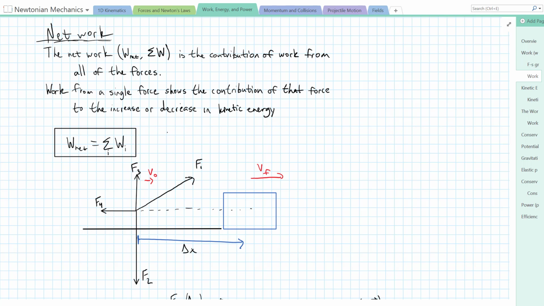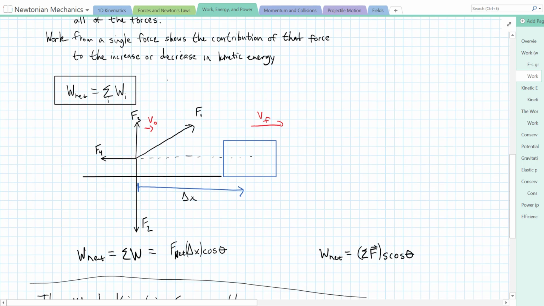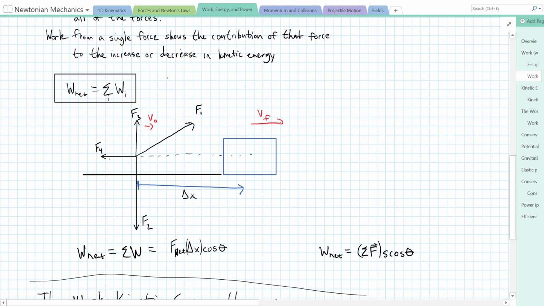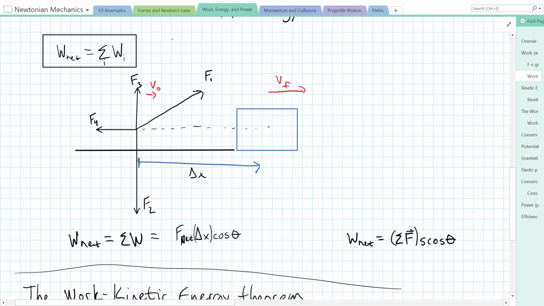So there are actually 2 ways we can find it. The first way is to just calculate all the works from each individual force and add them all up. So we would get net work is equal to the sum of the individual works. And that's probably what we're going to do.